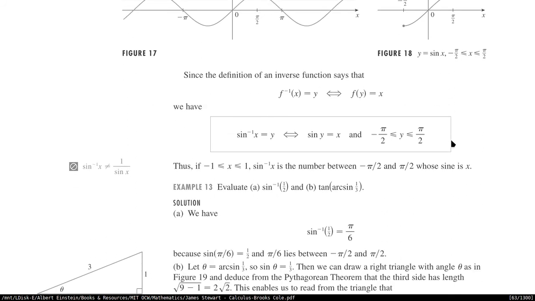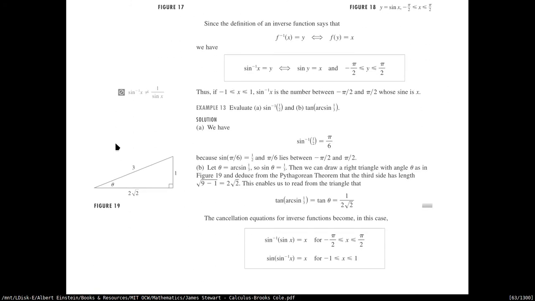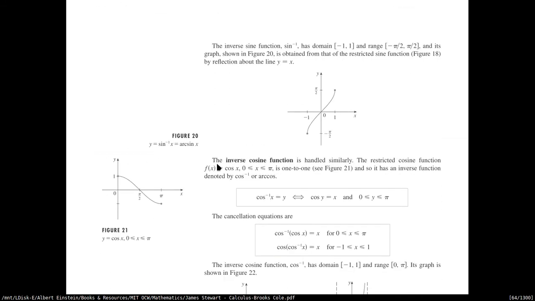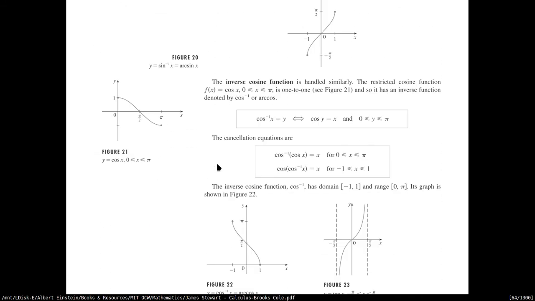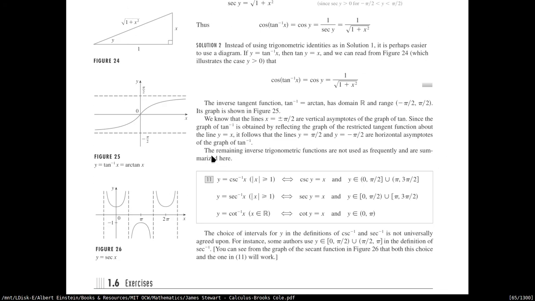And that's why I made it clear: sine inverse of x is not equal to 1 over sine x. Think a bit about it, try to see the graph, and if it makes sense. There's nothing interesting about it, it's just some manipulation. So, see it, and if you have any doubts, feel free to ask. Okay? Okay, thanks.